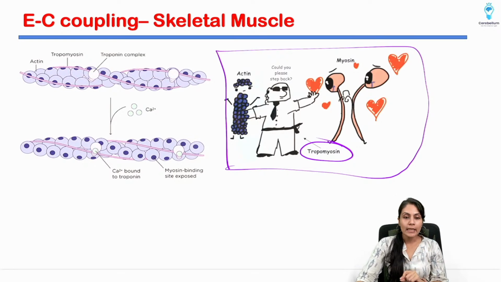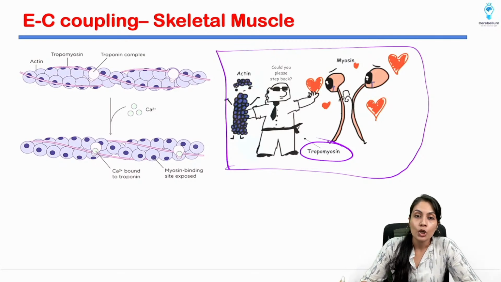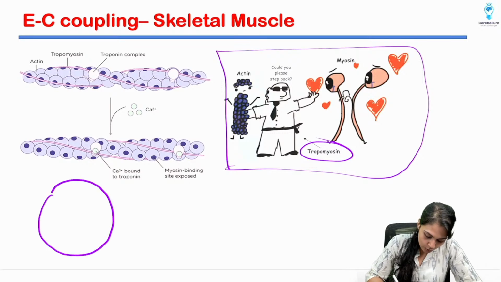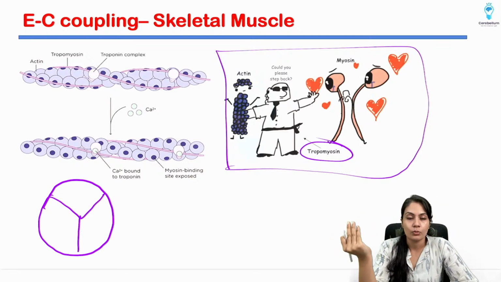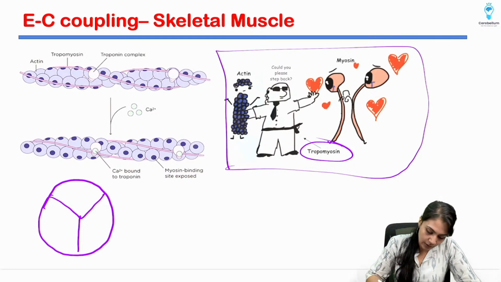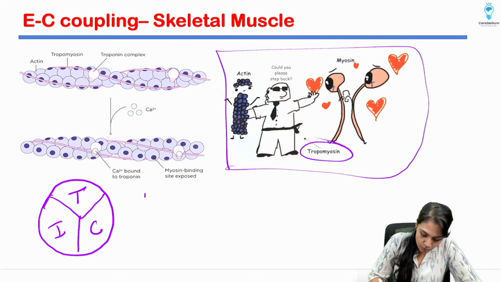Okay, not only that, there is another molecule I just now told you, that is going to be troponin, right? So just for now remember that the troponin is the heterotrimeric protein. That means there are going to be three different types of molecules. What are the three? Troponin T is there, troponin I is there, and troponin C is there. TIC. So this is the troponin molecule, not tropomyosin.